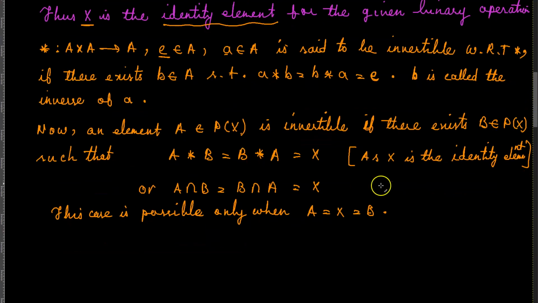Which means that if you take the intersection of a and b, or if you take the intersection of X and X, you will get X, which is the identity element in here, which means that X is the only invertible element in this set P of X. Thus, X is the only invertible element in P of X.